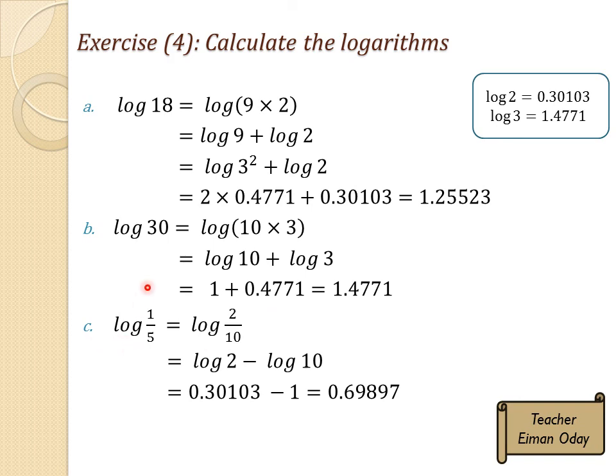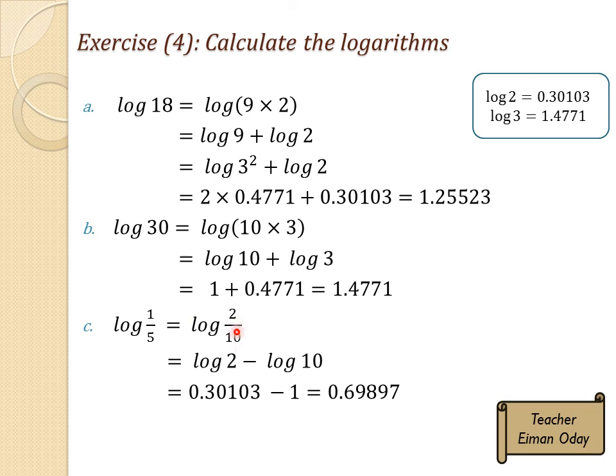On C, logarithm 1 over 5, this is logarithm 2 over 10. Why? Because for 1 over 5, I don't have the value of logarithm 5. Logarithm 1 is 0, and this is easy, but for 5, there is no information even in these values. So I will give the equal value to 1 over 5, which is 2 over 10.